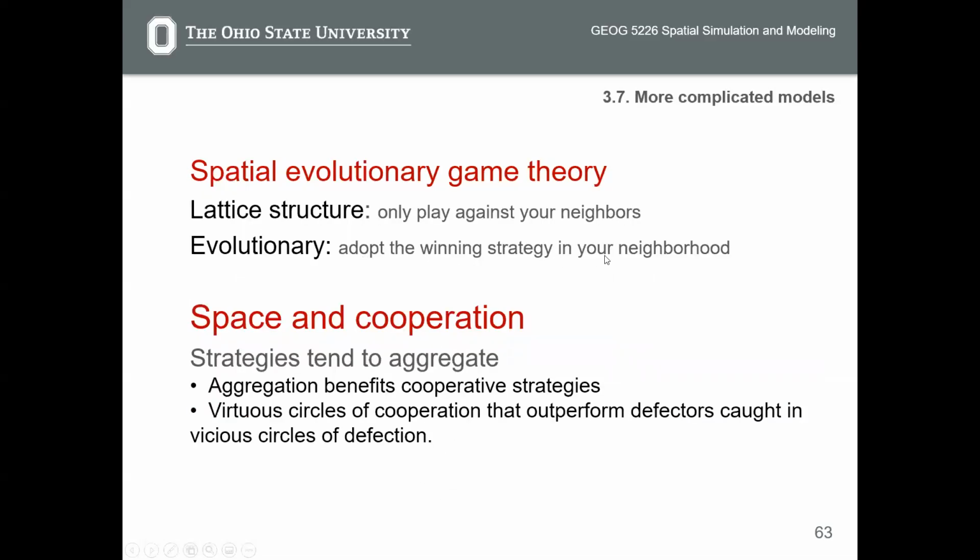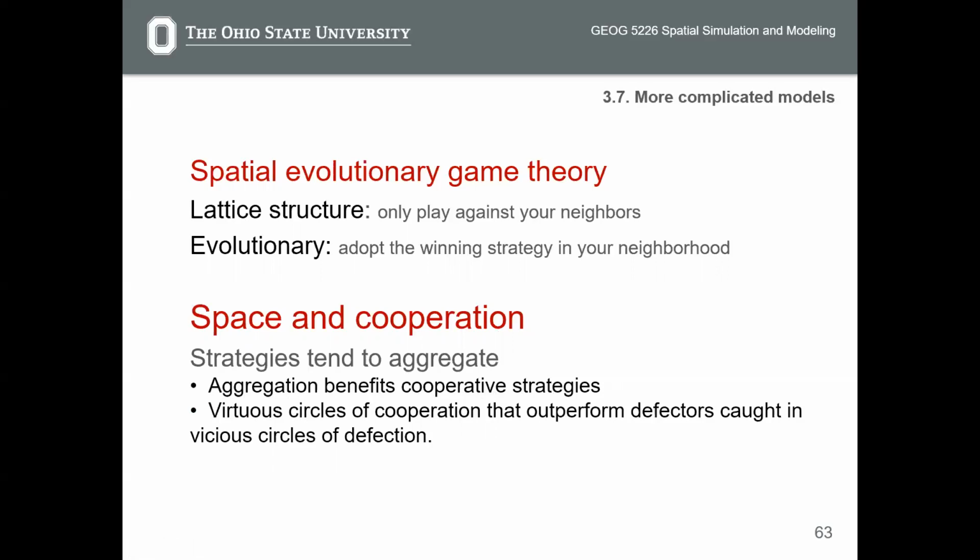Adopt the winning strategy in your neighborhood, which means follow your neighborhood. In space, cooperative strategies tend to aggregate. So aggregation benefits cooperative strategies, which means in this model, cooperators are going to get together. They have experienced the benefit of cooperating.